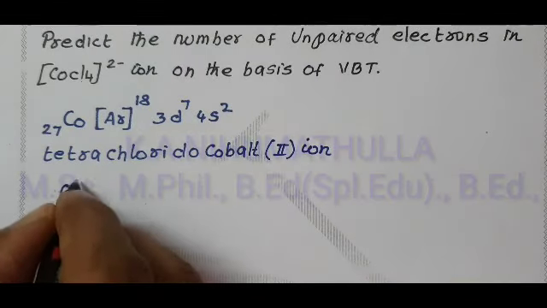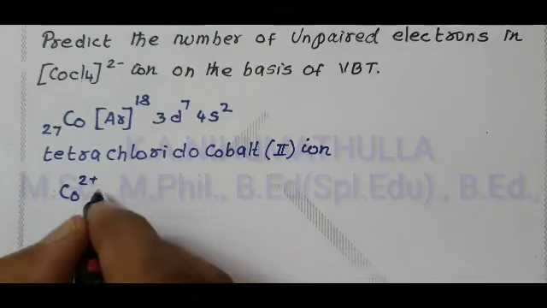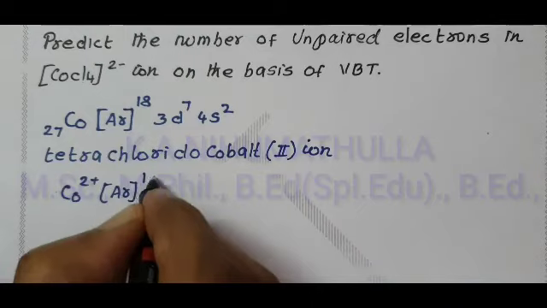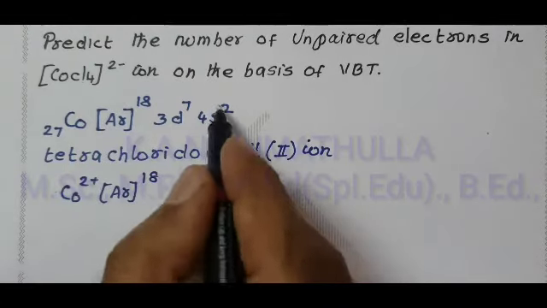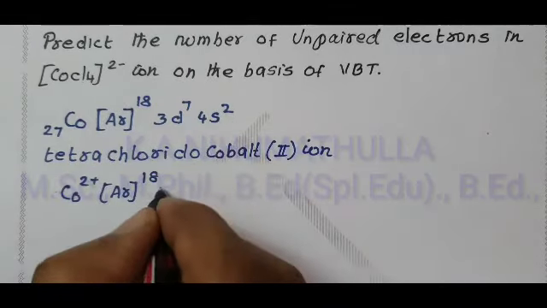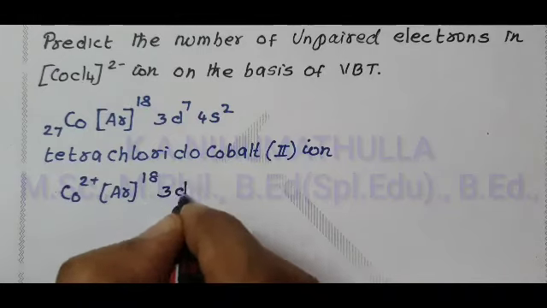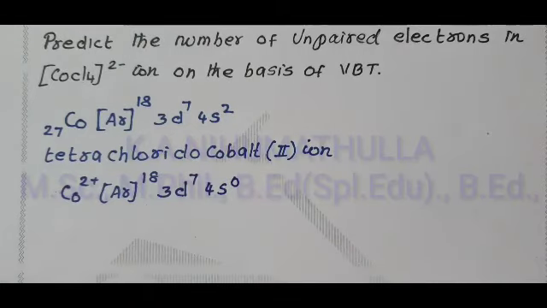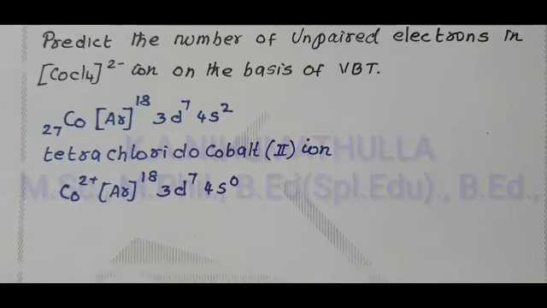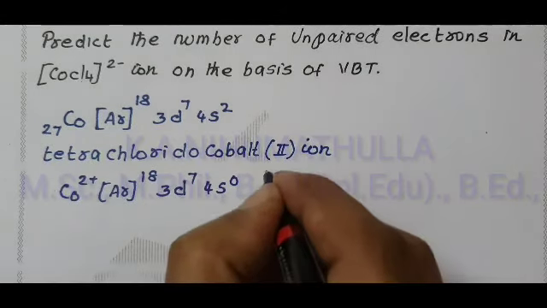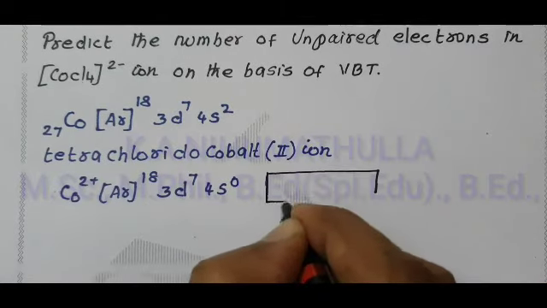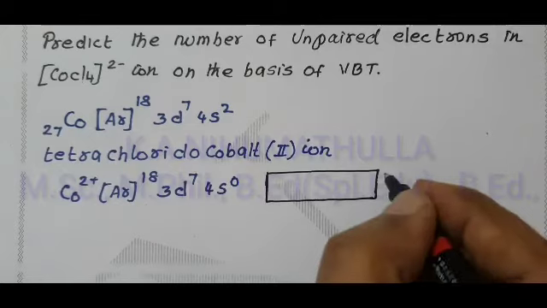Co2+, we have to write the electronic configuration. That 2+ indicates loss of how many electrons? 2 electrons. If cobalt loses these 2 electrons, the electronic configuration becomes 3d7 4s0. Now the 7 electrons are filled in the 5 orientations of the d orbital.